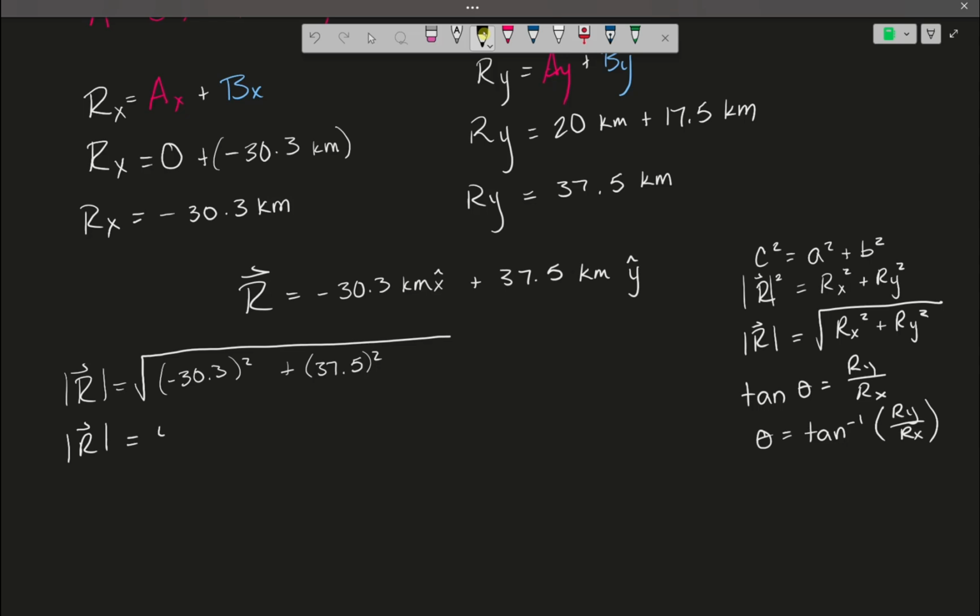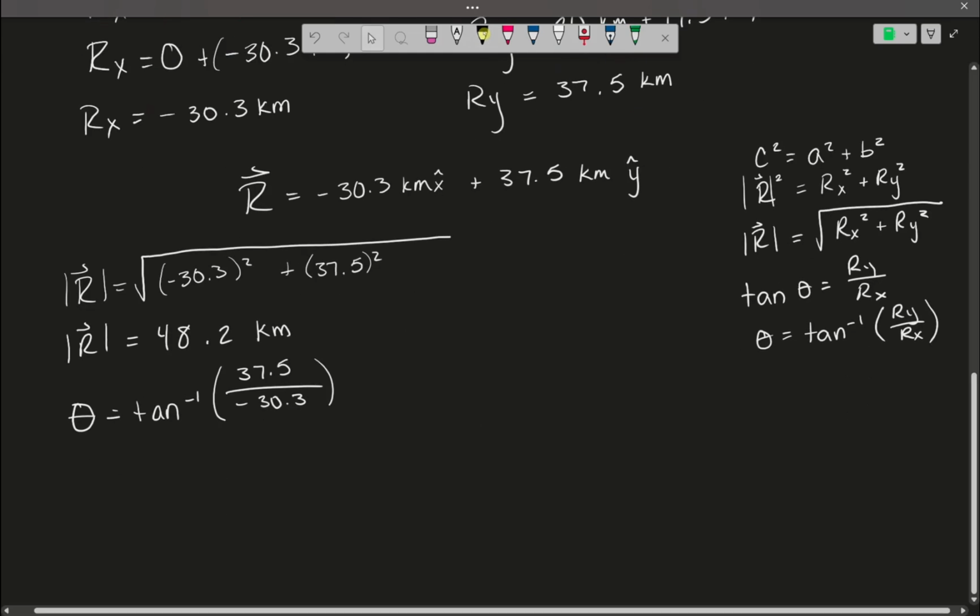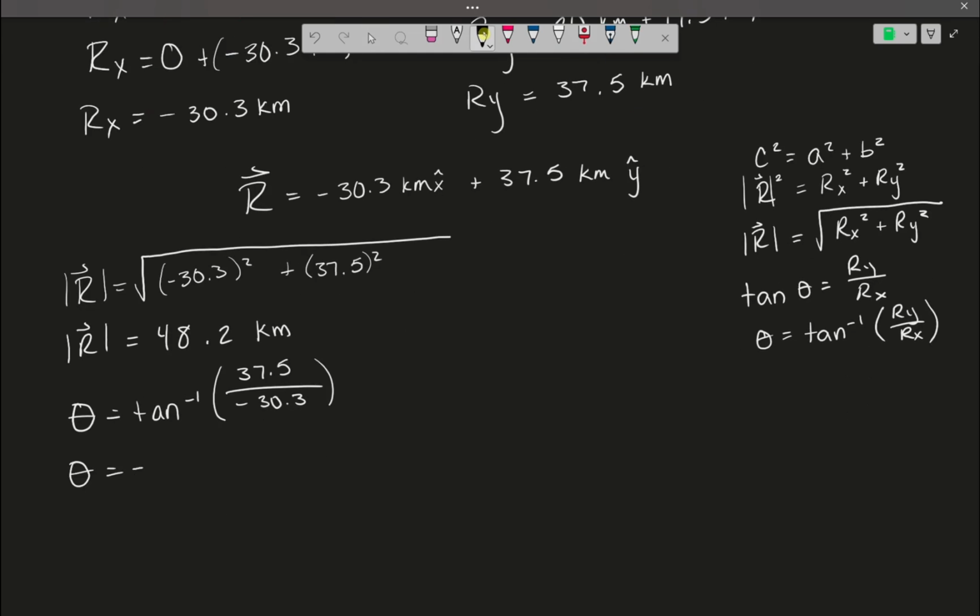And that's going to be 48.2 kilometers, and my angle is going to be tangent inverse of 37.5 over negative 30.3. This actually gives you negative 51 degrees, but that doesn't make sense, and because of this being a tangent function, I'm going to add 180 degrees to that.